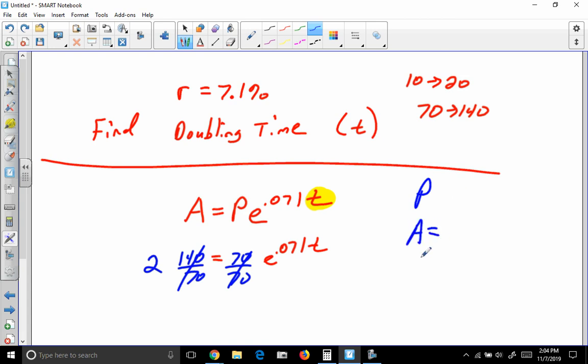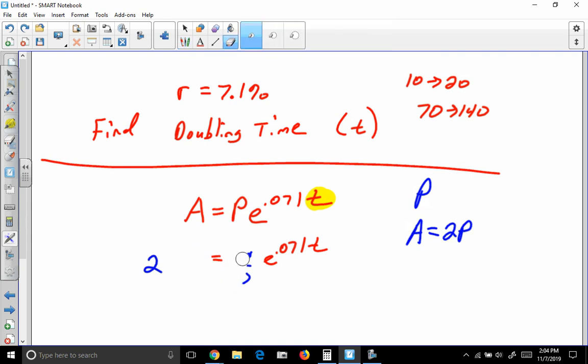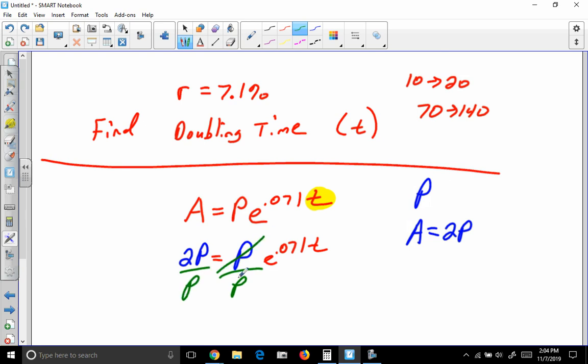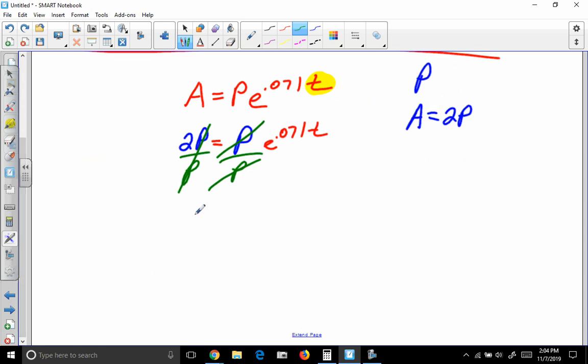The amount when our population is doubled would be twice p. So if we divide both sides to get rid of that coefficient, then yes, regardless of the initial population, if it's doubling, when we get rid of our coefficient in front of the e, we have a 2 on the other side.